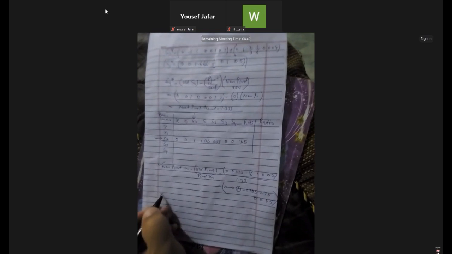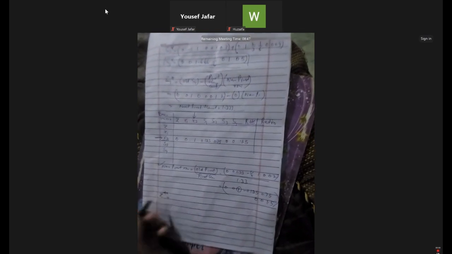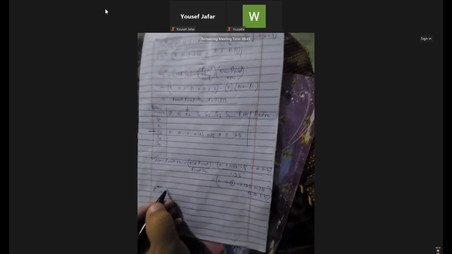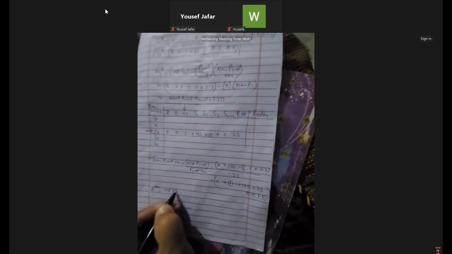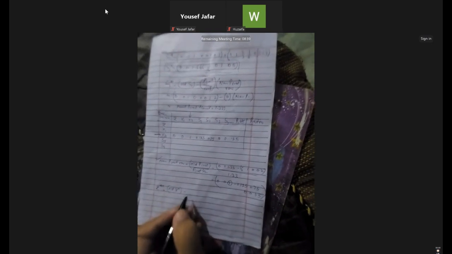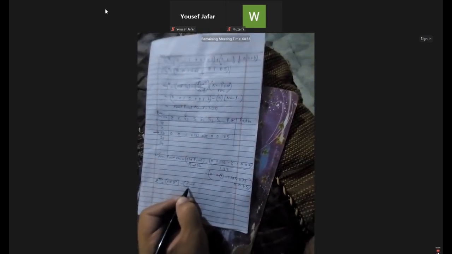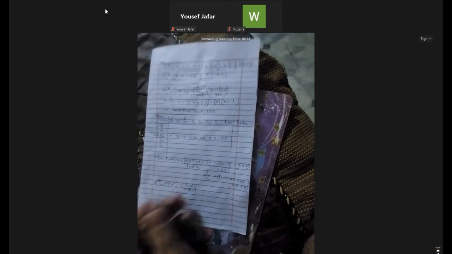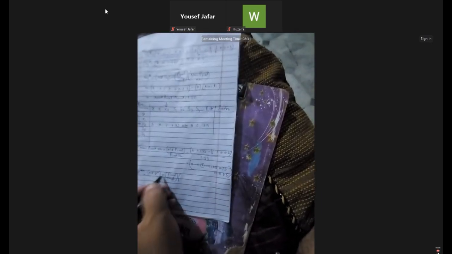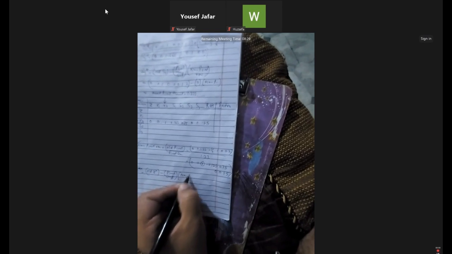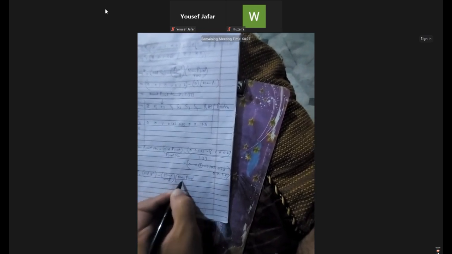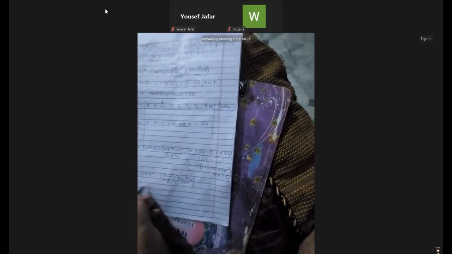First of all, we need to update the row 0. The z double asterisk, meaning the second iteration, is equal to old z minus the pivot coefficient times the new pivot row.